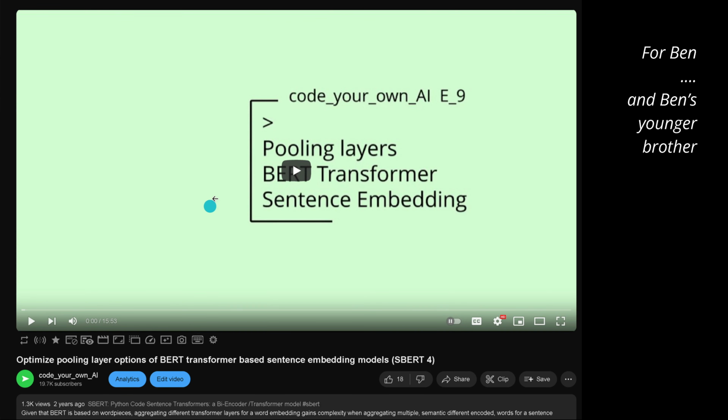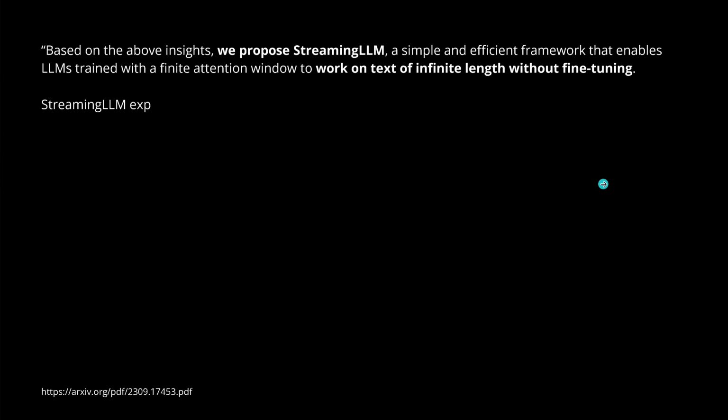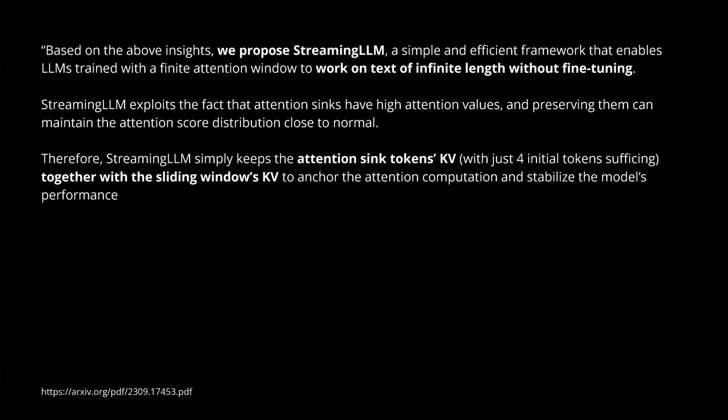I coded here with the CLS token the SBERT or the BERT transformer for sentence embedding. And I made a video that is 2 years old. So you see, this new discovery by MIT and Meta maybe should have done some literature search beforehand.